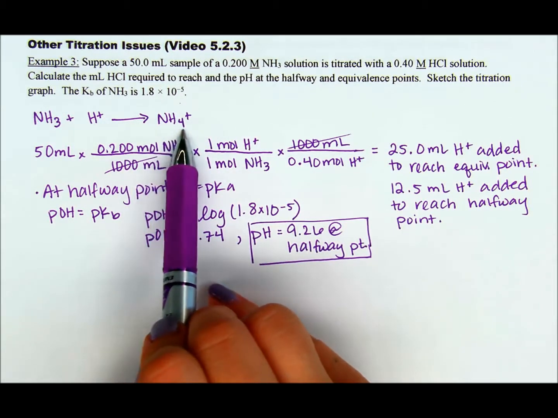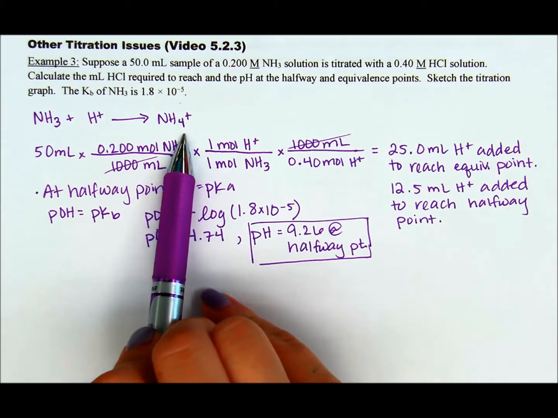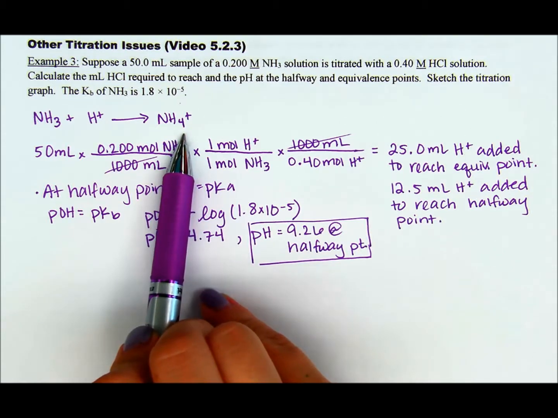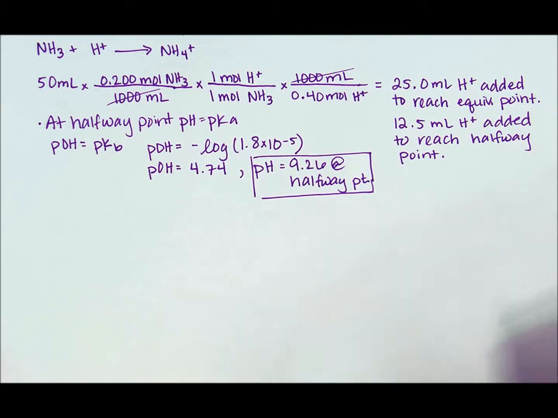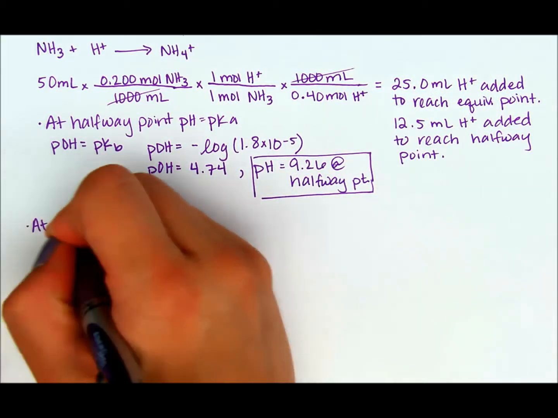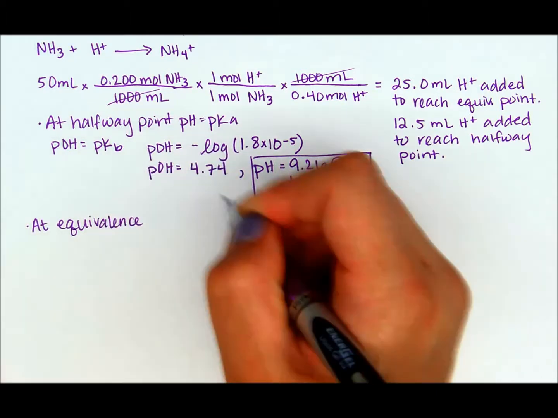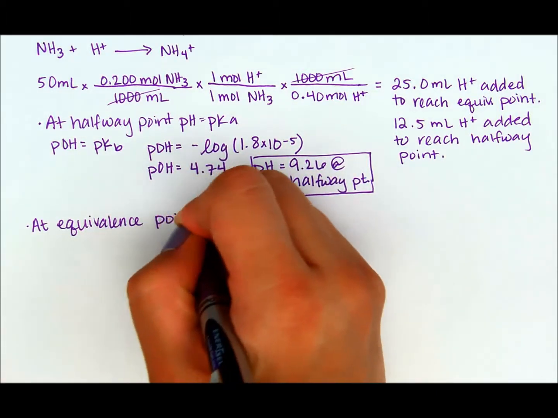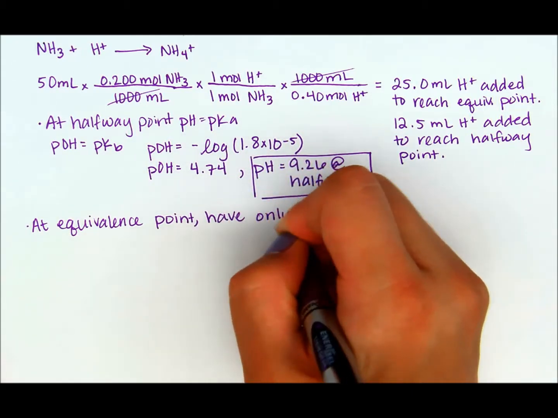So this now becomes an equilibrium problem because, of course, NH4+ is a weak acid and it dissociates just a little bit. So we need to figure out what that is. So to do that, just like before, we're going to use our ICE table and our equilibrium equation. So at equivalence point, we have only NH4+.